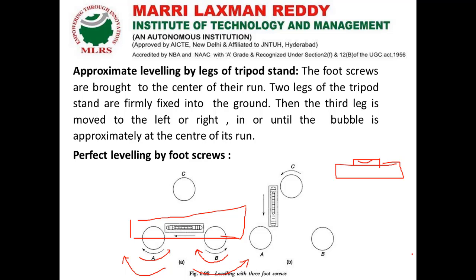Likewise we have to do the adjustments. Once the bubble is at its center, we stop the process. After that, we rotate our telescope so that it gets a perpendicular position to the previous position.